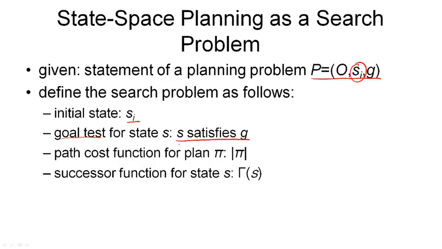So the state that we're currently searching must satisfy the goal. Then we can define a path cost function for our search, and that is simply the length of the plan we're currently looking at. Implicitly, this means that all actions have equal cost here, and that is why the path cost function as the length of the plan works. And the final component we need is a successor function, and the successor function, denoted gamma of s here, is what we will define next.